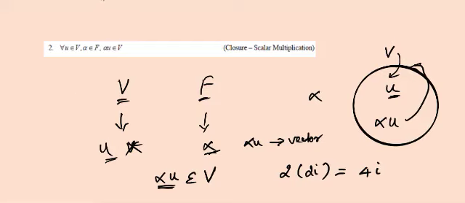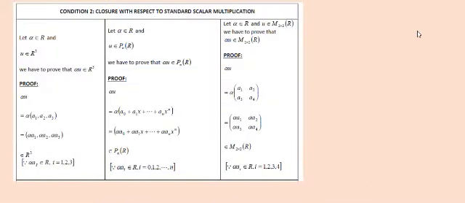Okay, see again, here the vector set in the first case is R3, and the scalar set is R. We should keep that in mind for every condition. I should say what the vector set is and what the scalar set is.